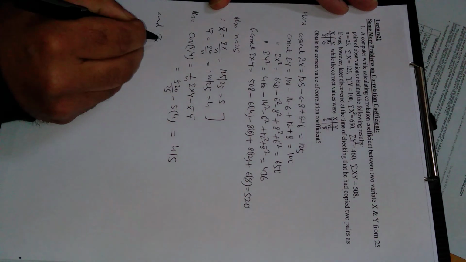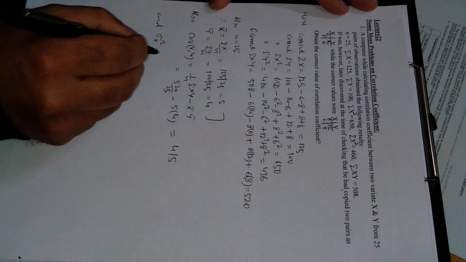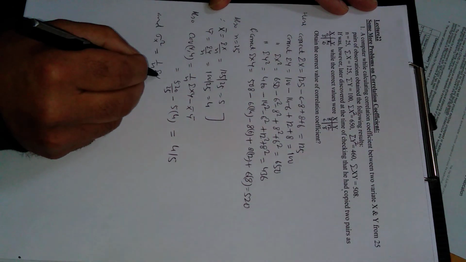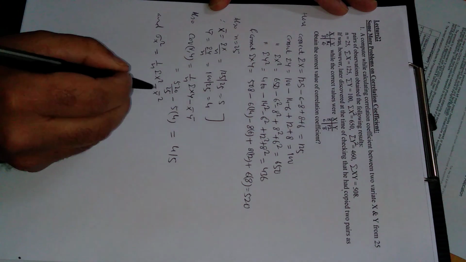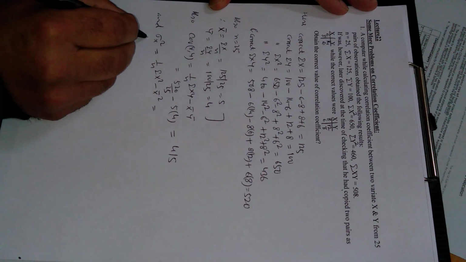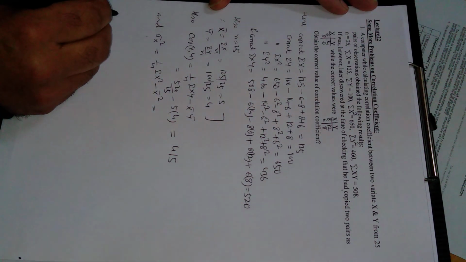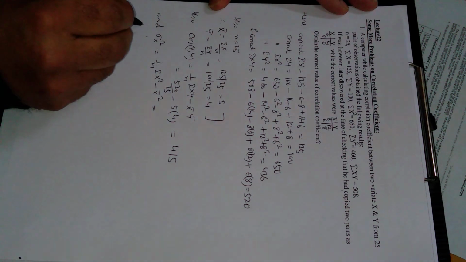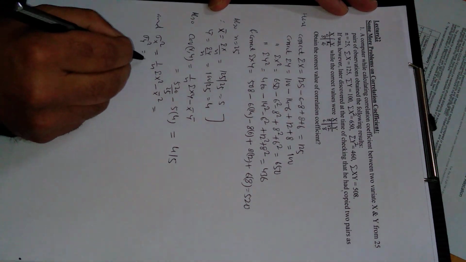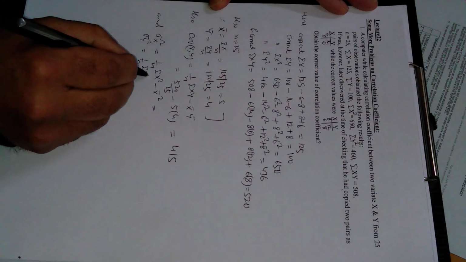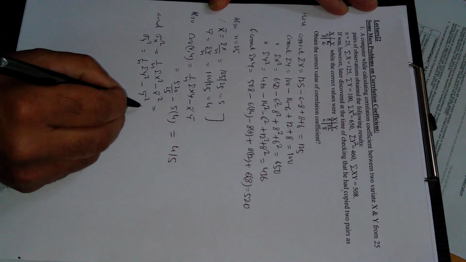And variance with respect to x, we know this formula, this is 1 upon n summation x square minus x bar square. Variance with respect to y, this is 1 upon n summation y square minus y bar square.